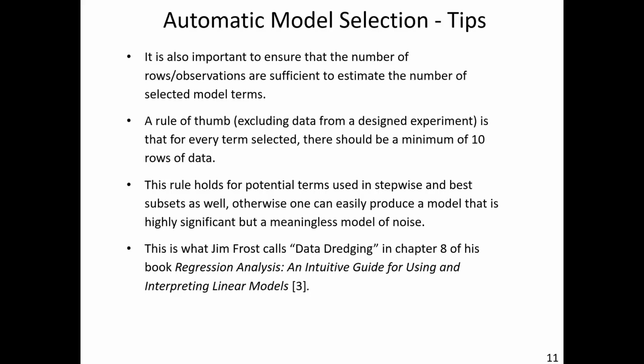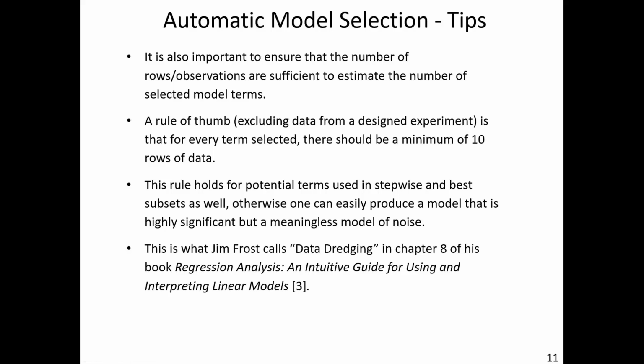If you're doing forward selection, you can actually have more terms than observations, but that's really not a good idea. Rule of thumb for historical data, unless you're using data from a designed experiment, is there should be a minimum of 10 rows of data for every term selected. That's just a rule of thumb guideline.